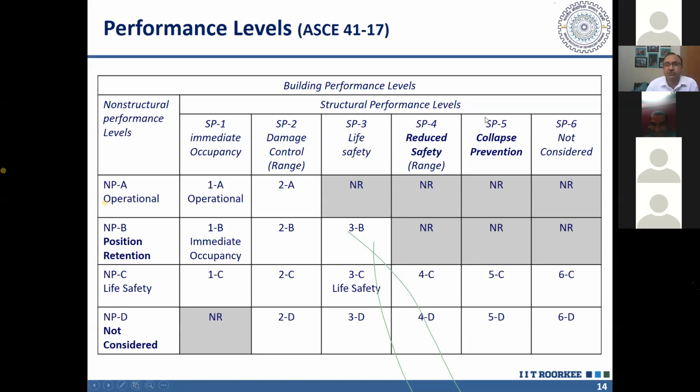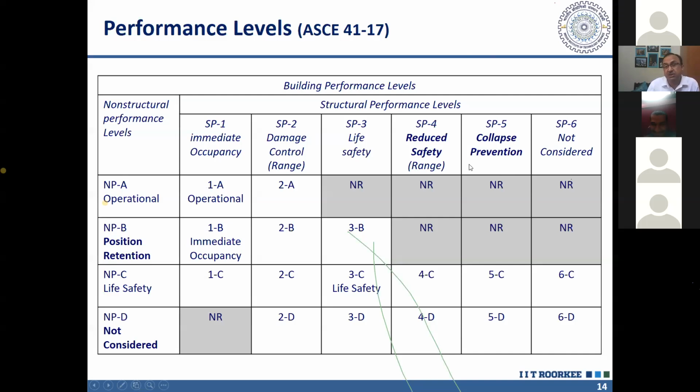Then most of our codes currently depend on collapse prevention. Here we ensure that the building will be damaged so badly that it will be at the verge of collapse, but it will not collapse, because when a building is collapsing, there will be huge loss of life. A large fraction of the occupants in the building will die when the building is collapsing. So we want to avoid that. And if the building is designed for collapse prevention, you should keep in mind that there will be injuries, and some of the injuries may be fatal also.